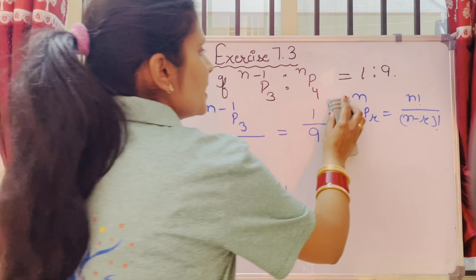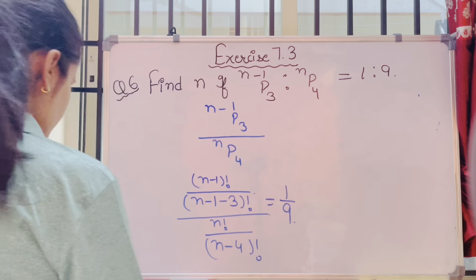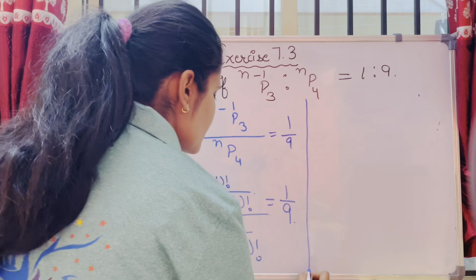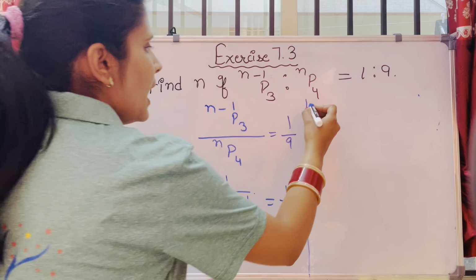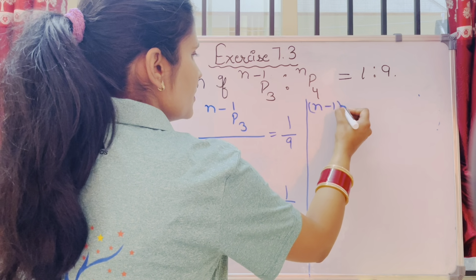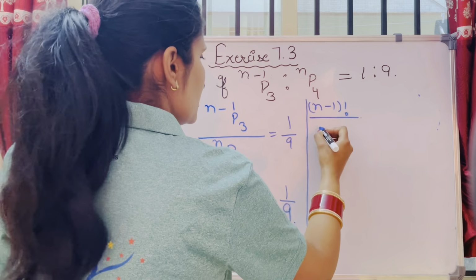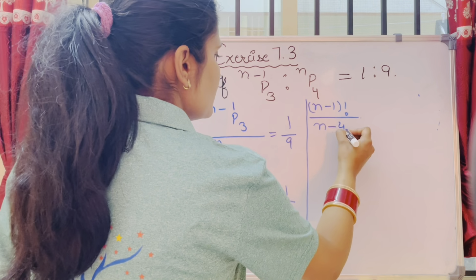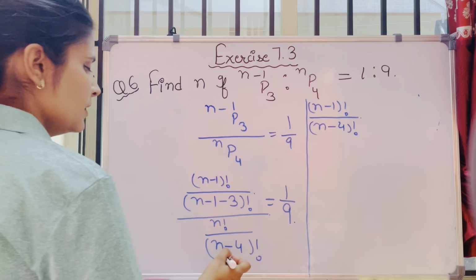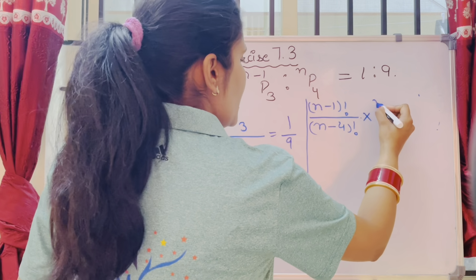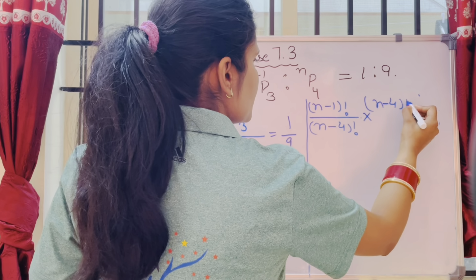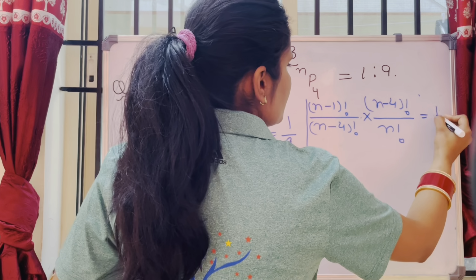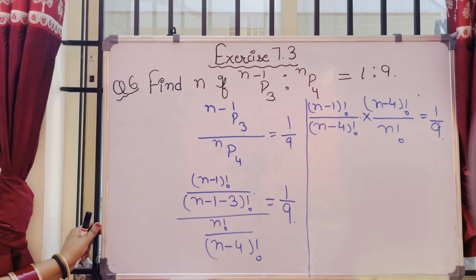So in the next step, (n minus 1) factorial upon (n minus 1 minus 3), which is n minus 4, factorial, into (n minus 4) factorial upon n factorial, which is equal to 1 upon 9.